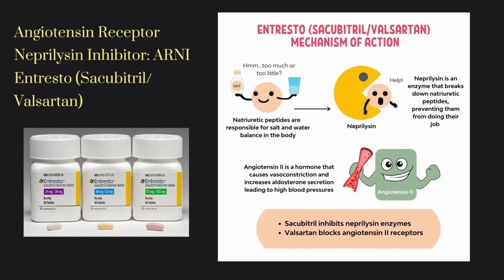This medication is a combination of sacubitril, which is inhibiting neprilysin and so protecting the natriuretic peptides, and valsartan, which is blocking the angiotensin 2. So those drugs help my natriuretic peptides do what they're supposed to do, and it is making the blood pressure not be high. In a nutshell.